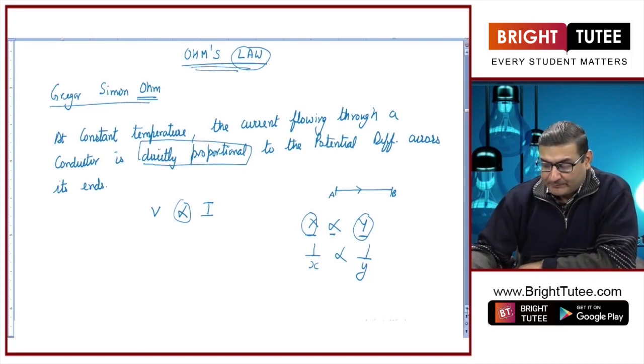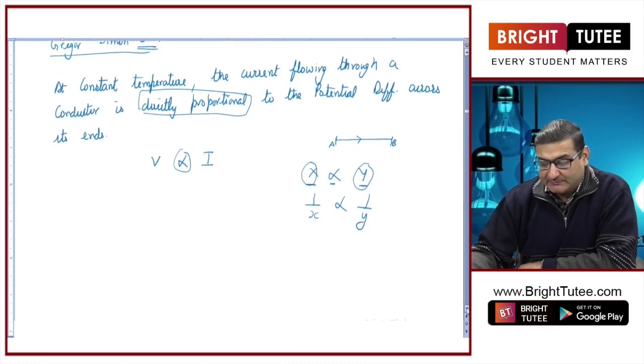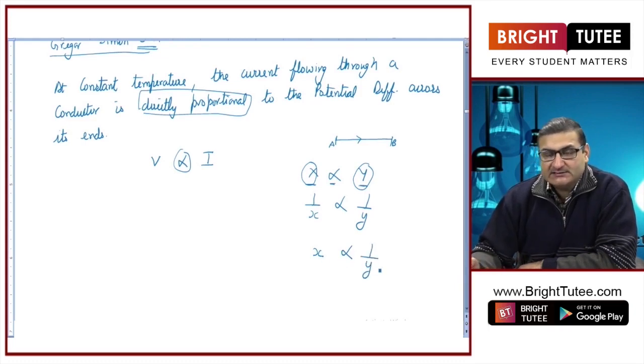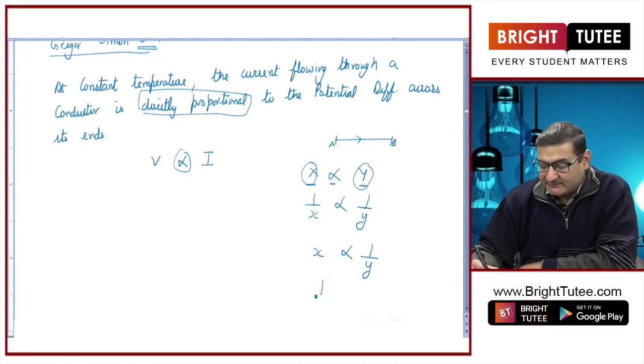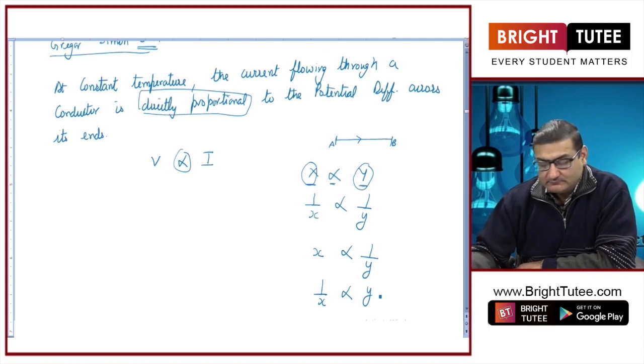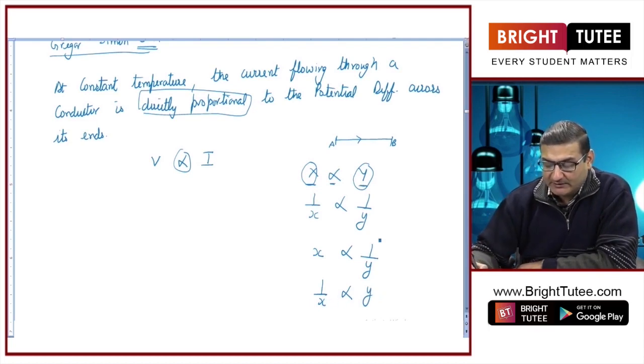But please take care of this thing that I am telling you. If I put a sign of alpha and one value is a numerator and the other is a denominator, or vice versa, I can write 1 upon x, this sign, and y. This is denominator, this is numerator.